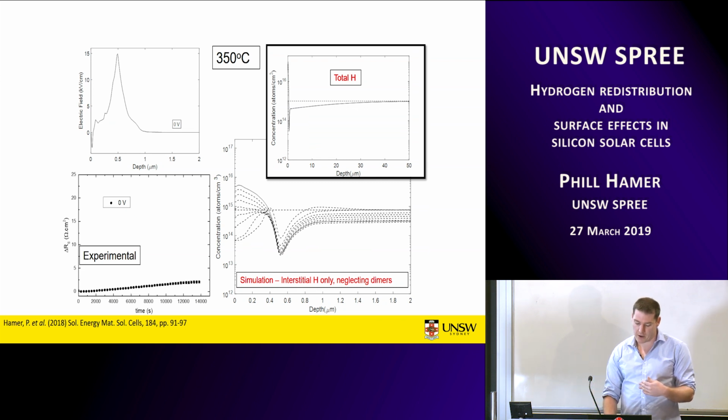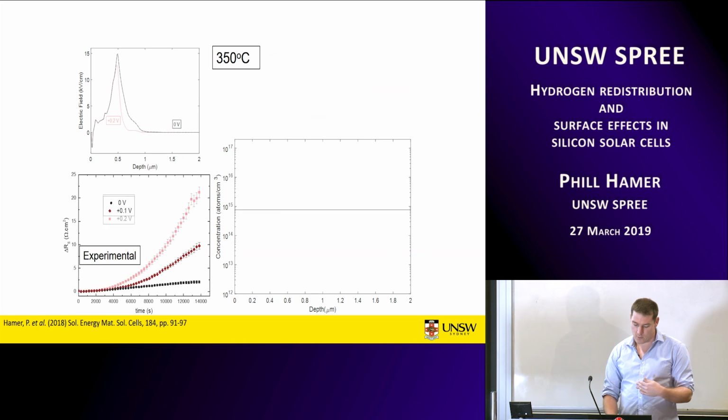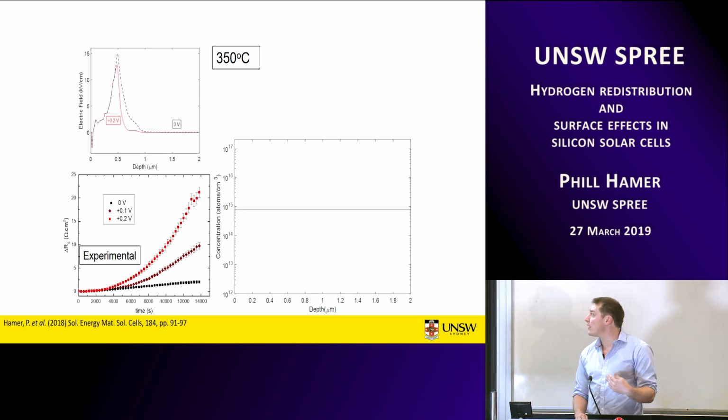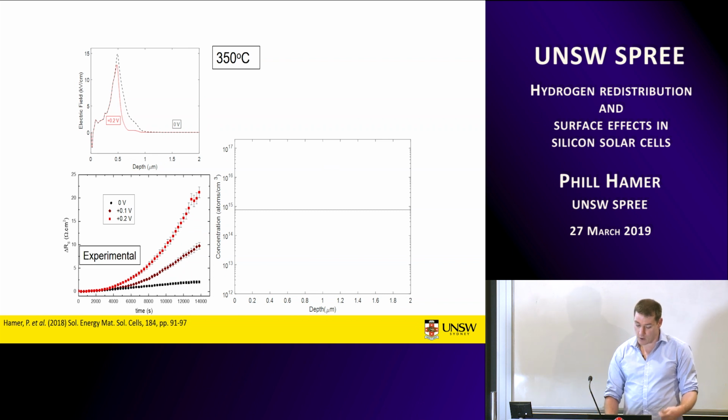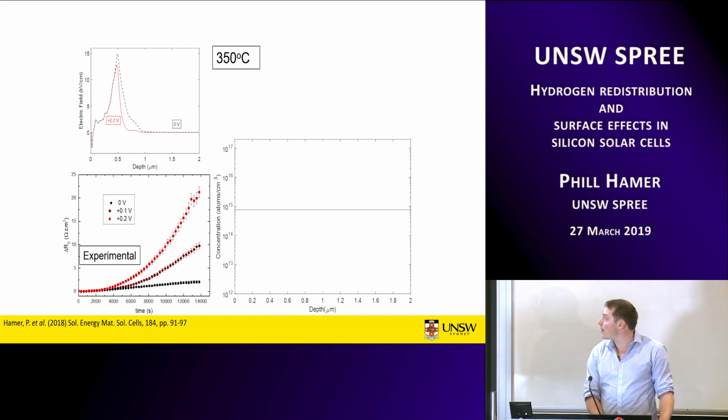If we put a forward bias on it, we saw a massive increase in our series resistance and the rate of our series resistance. This is largely explainable because in the top left you can see the resulting electric field from this forward bias. We've reduced the electric field across the junction, as you expect in forward bias, and especially we reduced it on the right hand side, so into the p-type material.